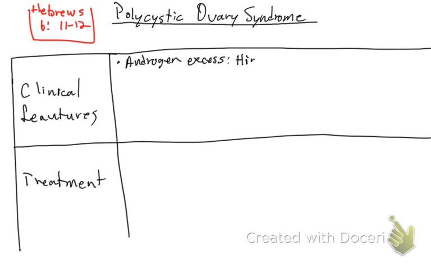What is hirsutism? Hirsutism is an excess growth of hair on the face. Also, the woman can present with acne and with androgenic alopecia.